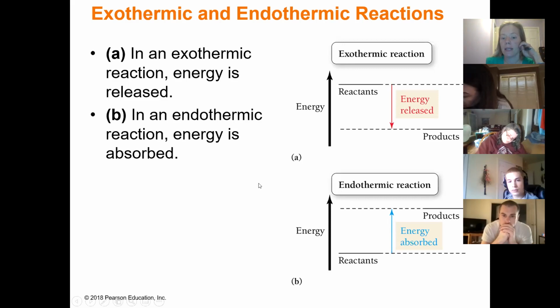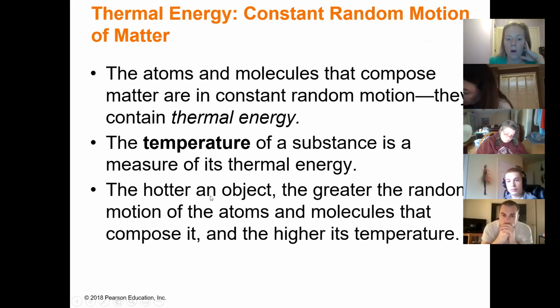So we have both of these happening simultaneously. Usually in an exothermic reaction, that energy is being released, so you'll see a loss in heat or a negative value for heat values. In an endothermic reaction, you're absorbing the heat, you're absorbing the energy, so you have a positive value. And we'll look more at that quantitative number.